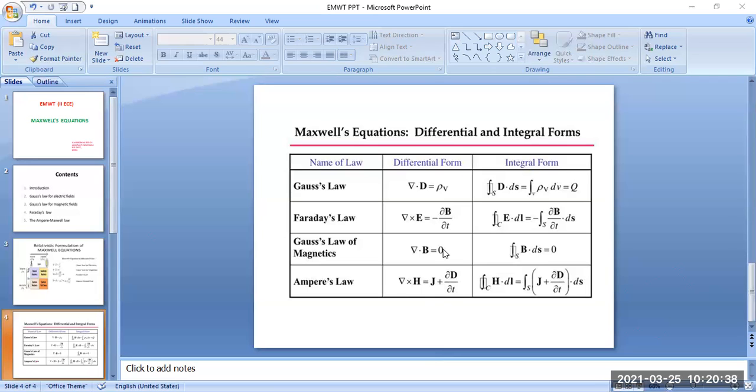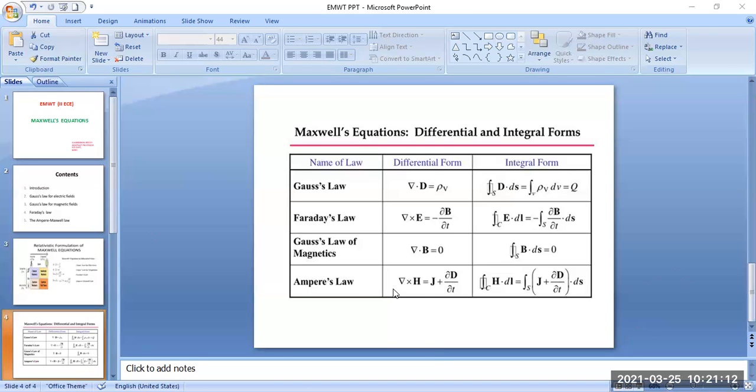We want to convert the differential form to integral form. We can apply the Stokes theorem for this. The Stokes theorem's purpose is converting a line integral to a surface integral or a surface integral to a line integral. So the net circulation around the closed path is equal to the surface integral of the curl of a vector.